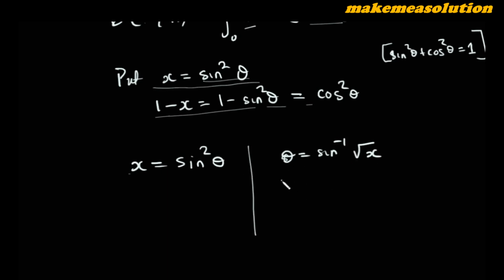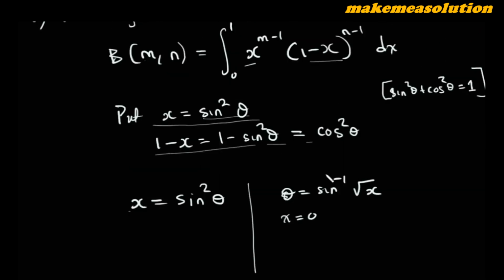So when x is equal to 0, what value will theta take? Sine inverse of square root of 0, which is sine inverse of 0, and this is also 0.